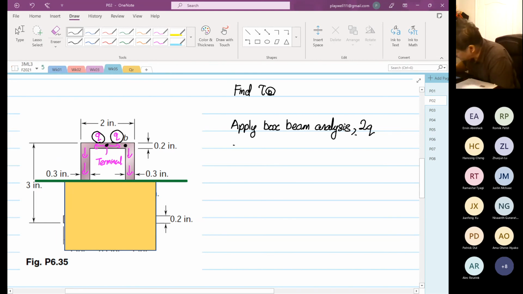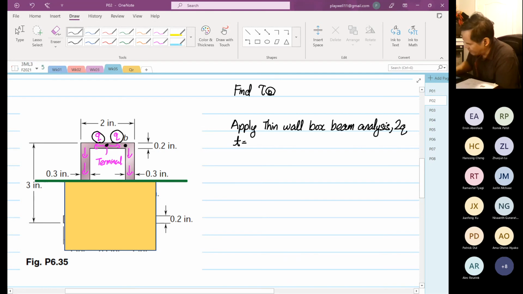And now the thickness, because it's thin wall, so I'll write down thin wall box beam analysis. 2Q, because of left and right down here.